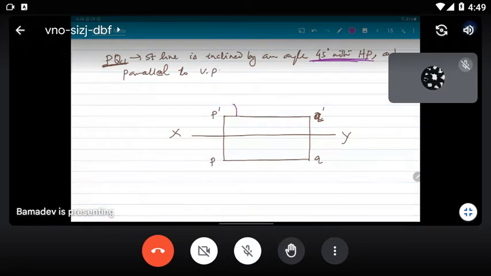So you can make an angle 45 and extend this line, or you can make an arc here. So this becomes the actual front view, which is Q1 dash, and drop a projector from here.